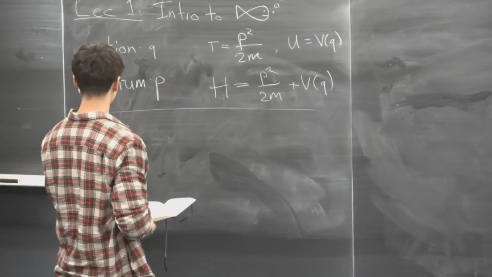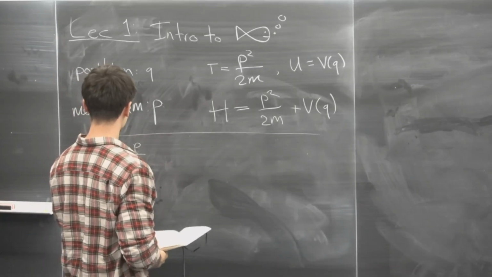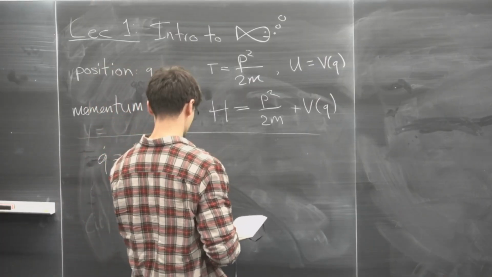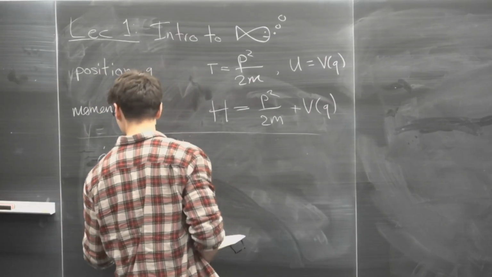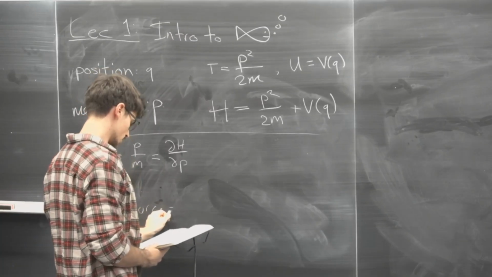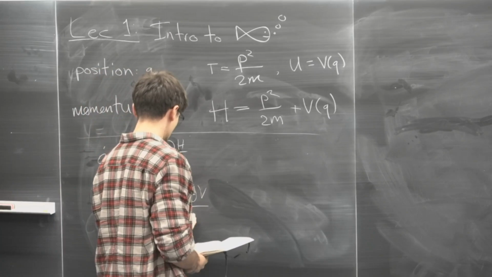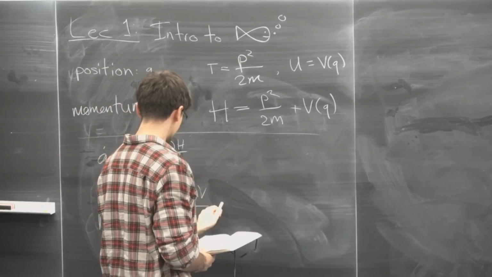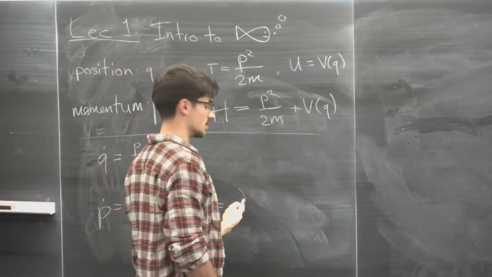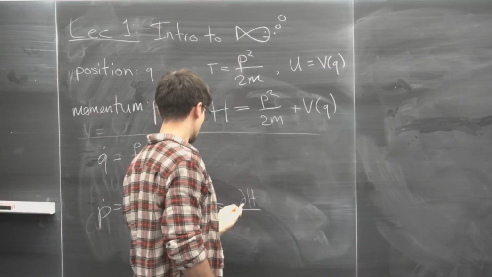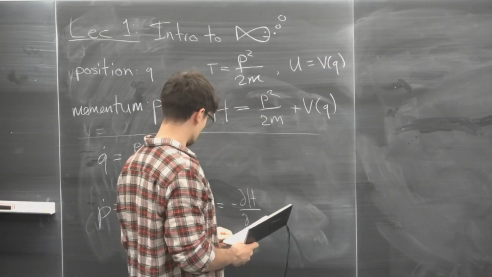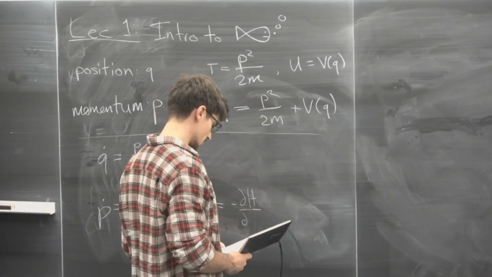And he found that q dot is P over m, which is equal to the partial of the Hamiltonian with respect to P, and p dot, which is the force, is equal to negative the gradient of the potential, as we all know. And this is simply the negative derivative of the Hamiltonian with respect to Q.